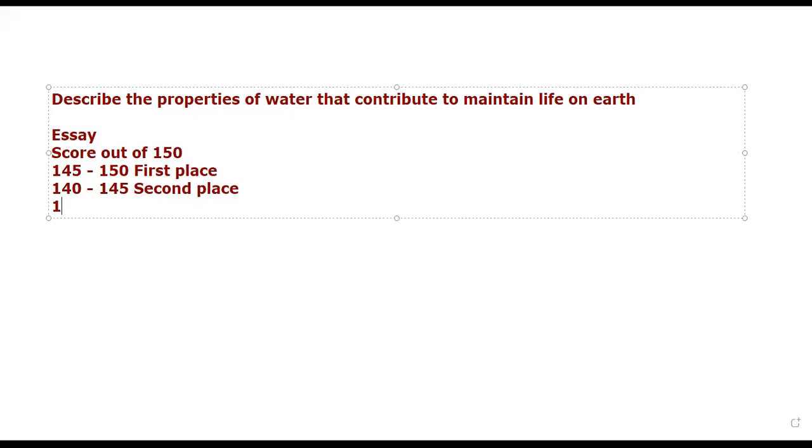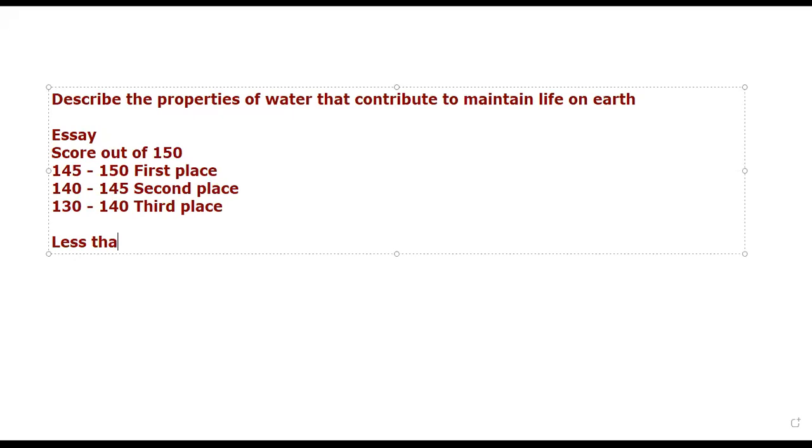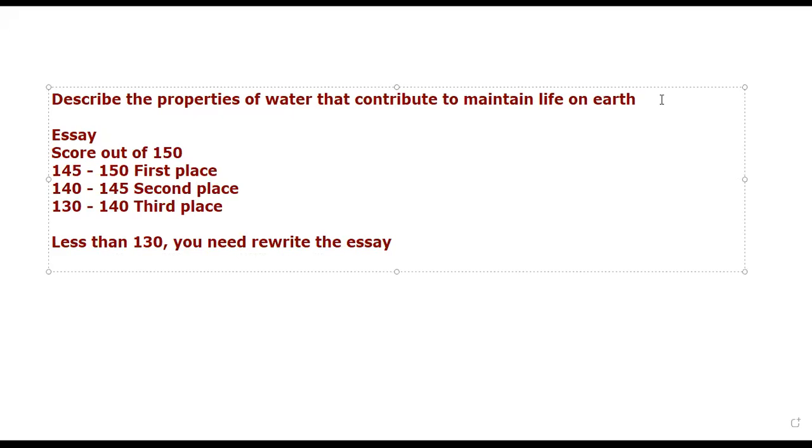Second place. 130 to 140, that is, which one? Third place. If you are scoring less than 130, then you need to rewrite the essay and score it again. Understood?